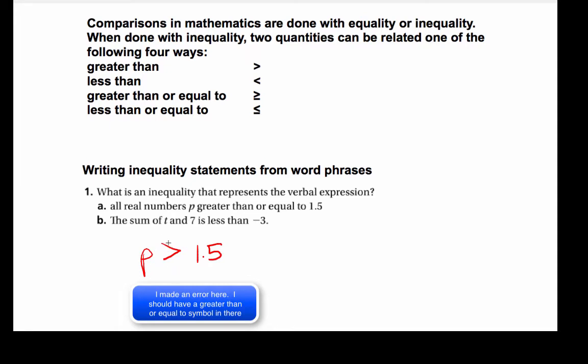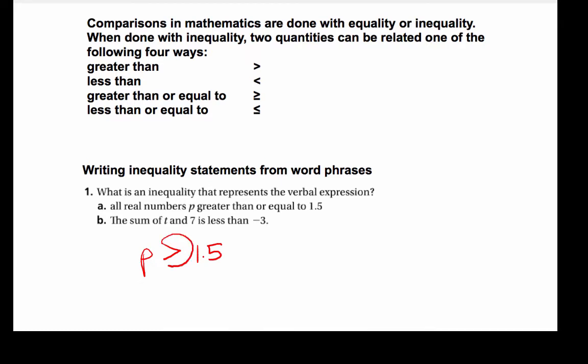You know, a lot of times you maybe have heard, think of the inequality symbols as a gator mouth or a Pac-Man. Okay, if I make a little Pac-Man out of this, hey, there's Pac-Man. Pac-Man's always eating the greater amount. Okay, and the point of this is that I could take this inequality statement, I could flip the two, I could put 1.5 on the left and put p on the right.